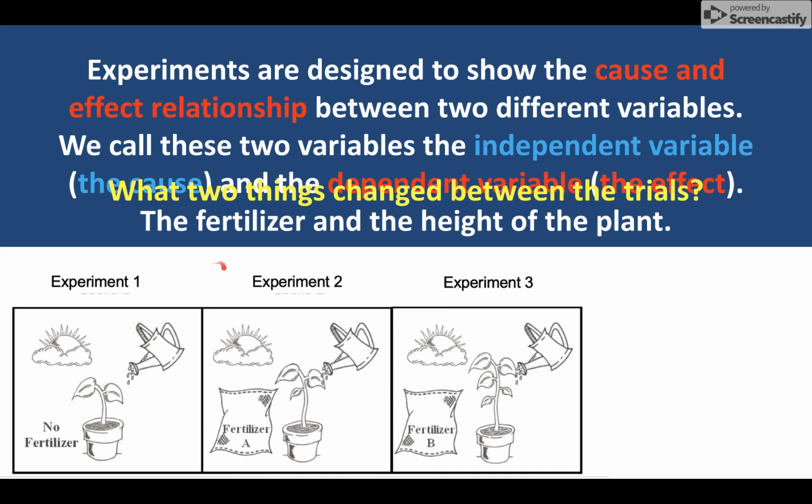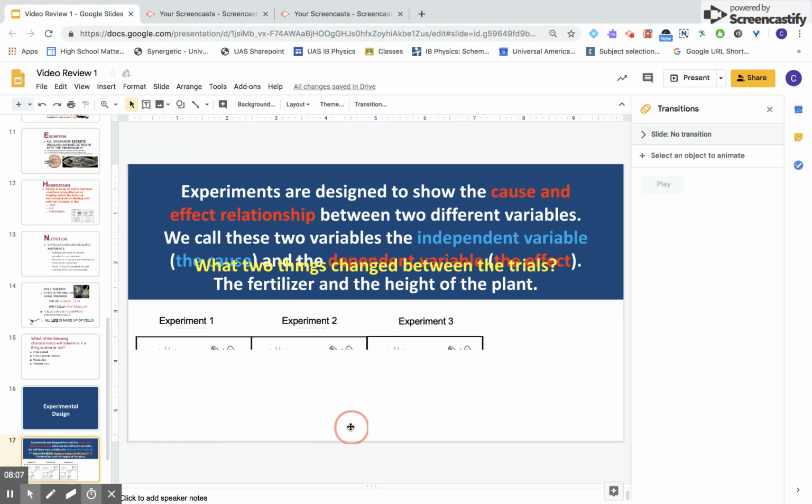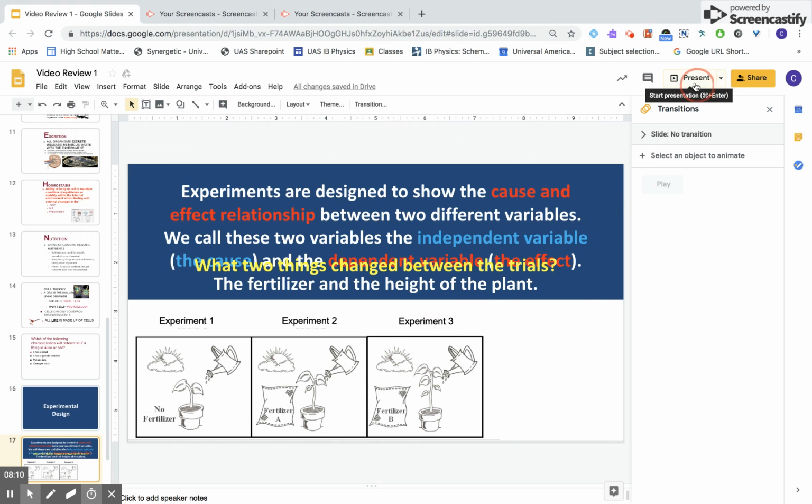I just want you to see this picture right here: experiment 1, experiment 2, and experiment 3. You can see from these 3 pictures that in the first condition, experiment 1, there is no fertilizer added, but every other thing, like the sun, the water, and the plant, is the same in experiments 1, 2, and 3.